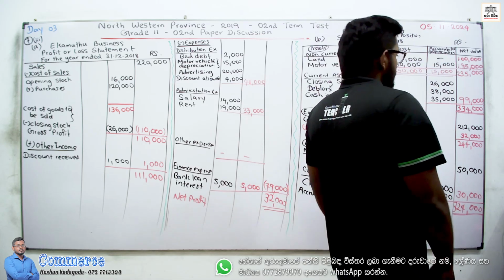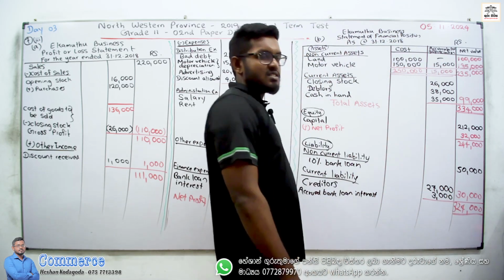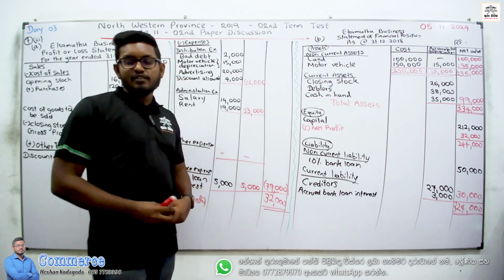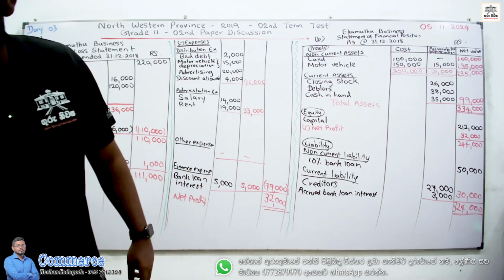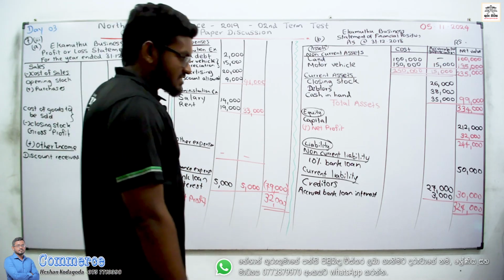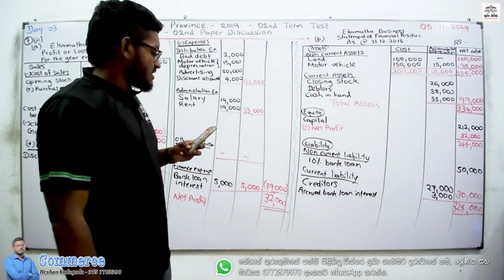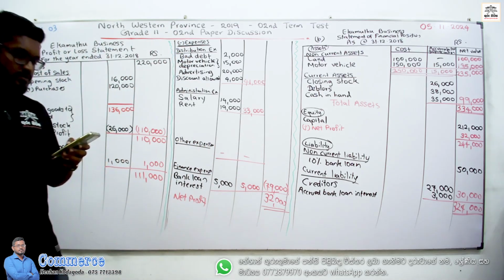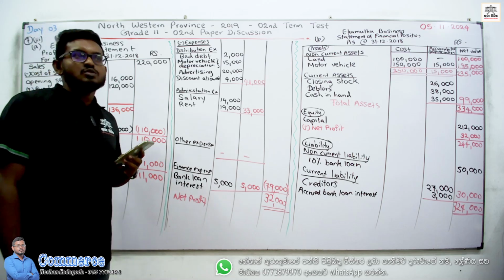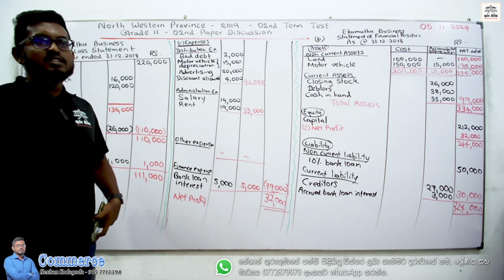There's a 10,000 difference. Very good. This is the first time we are getting a difference, so we need to find the reason. Okay. There's a 10,000 difference. Check, check, check. Hurry up. Anyone who found the reason?